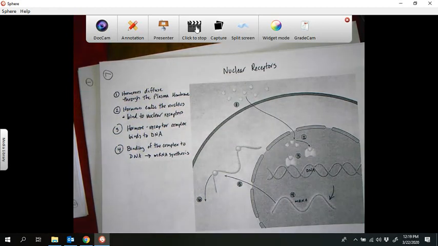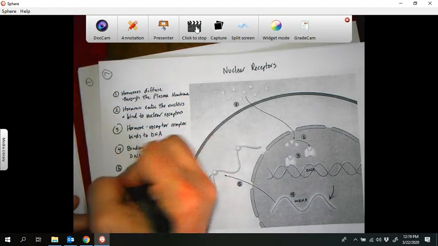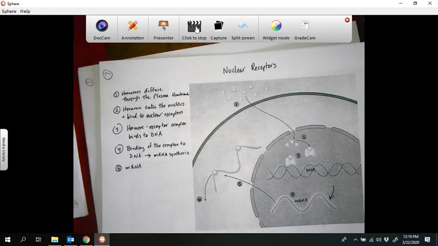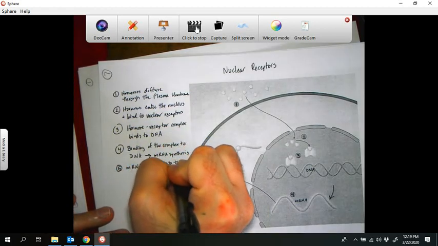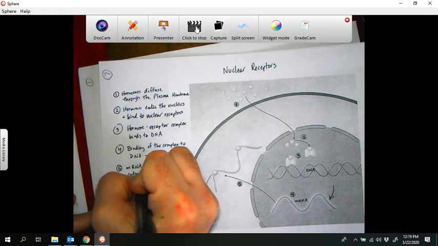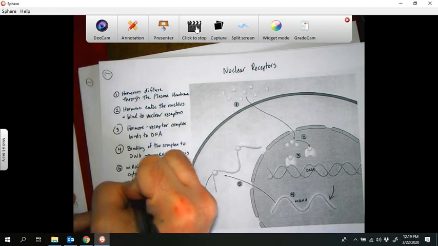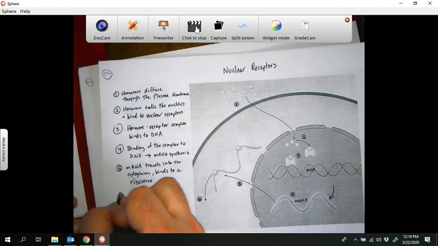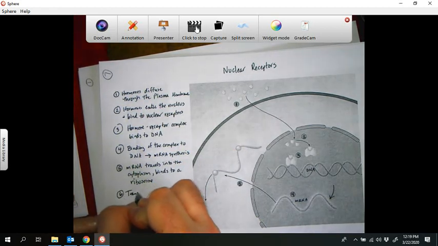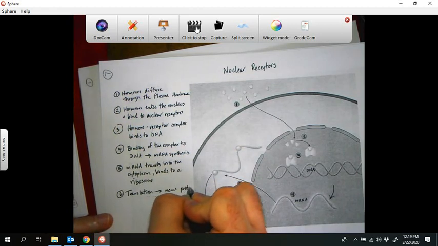And then mRNA is going to travel out, and we have the whole process of translation. So mRNA travels into the cytoplasm, binds to a ribosome, and we end up with translation and a new protein made.